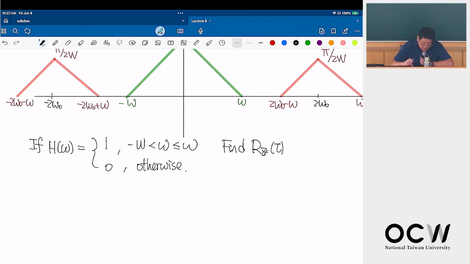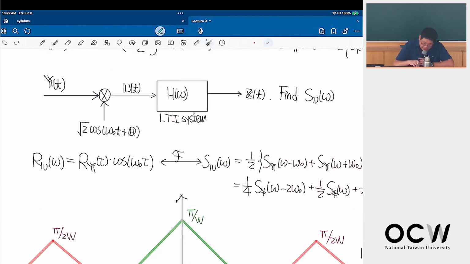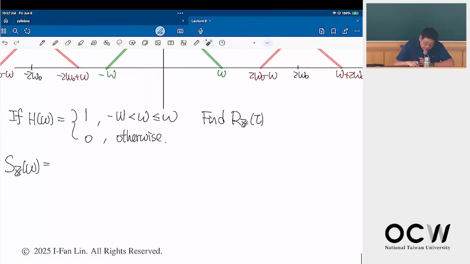We know that to find the autocorrelation, you can use the definition, or we know that if I take the Fourier transform, I will get the power spectrum. So if I can find the power spectrum, I can take the inverse Fourier transform. But what is the power spectrum of z? Through the LTI system, it is your system response magnitude square times the power spectrum of u.